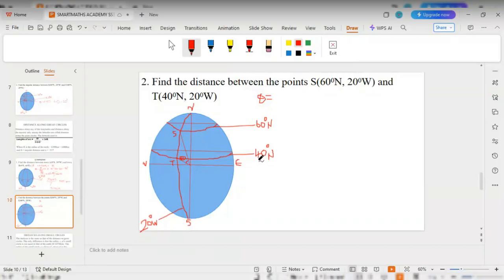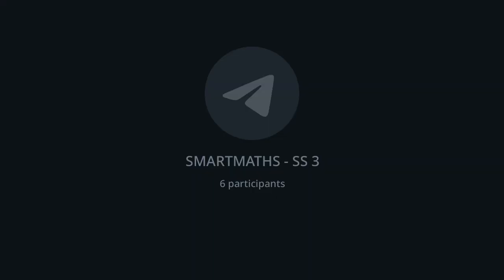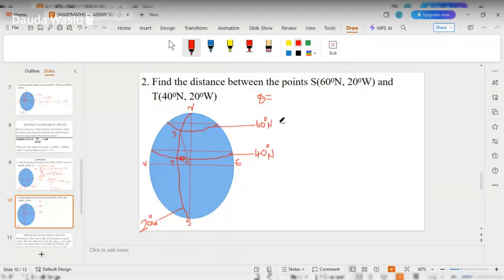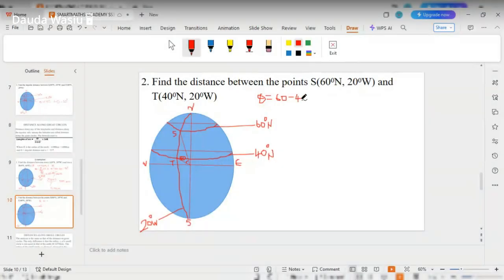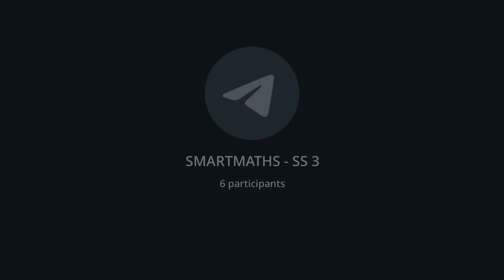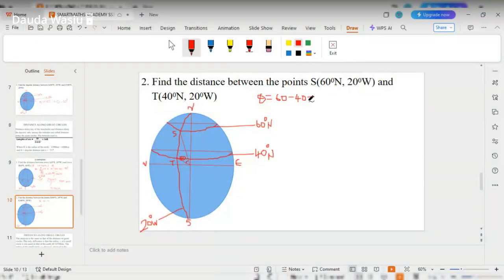And since they are on the same side of the equator, we are going to subtract. So that's why we have 60 minus 40. Because we are subtracting the smaller number from the bigger one, which is equal to 20 degrees.